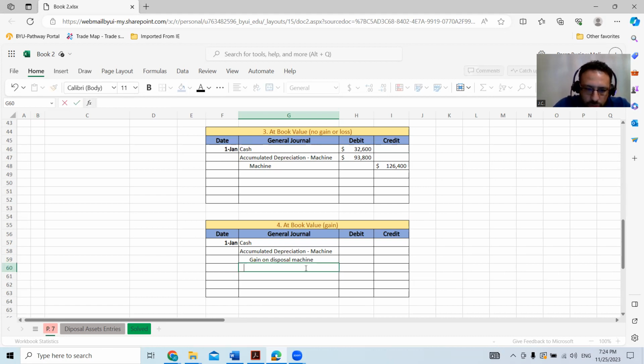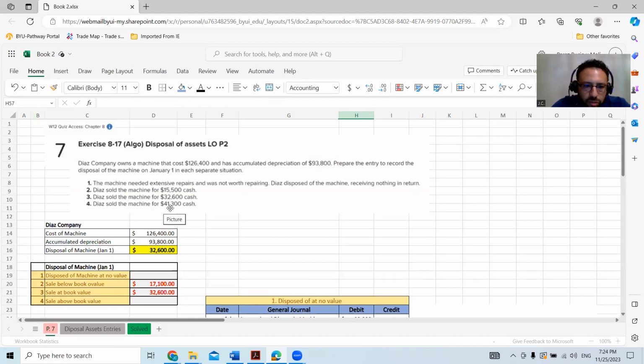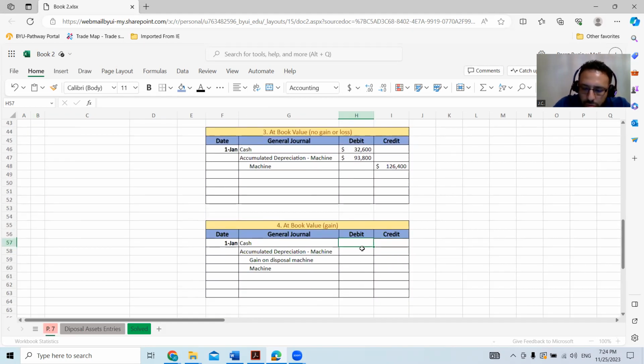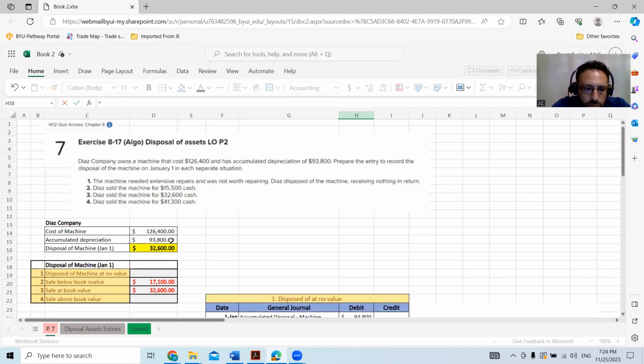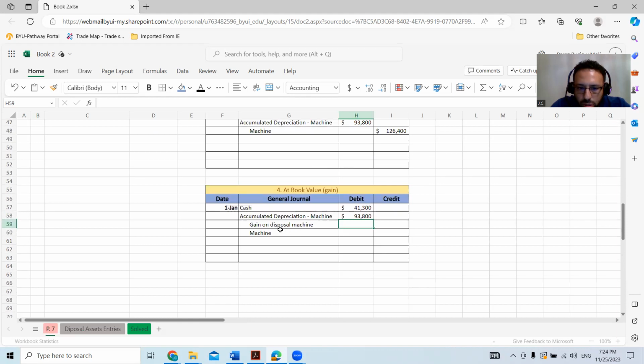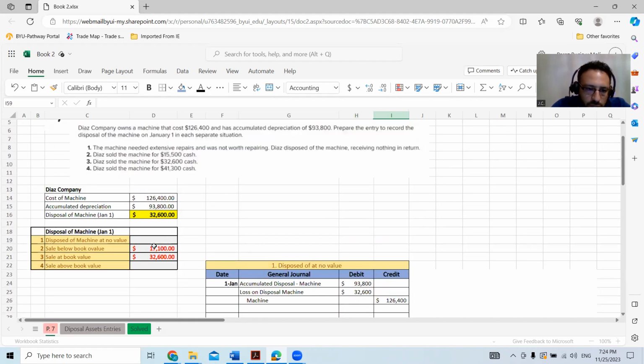All right. How much cash did we get? Well, they paid us 41,300. And the accumulated depreciation is always, in this problem, the same amount. And now we're going to credit whatever we gain. We don't know how much we gained, so we're going to find that out.